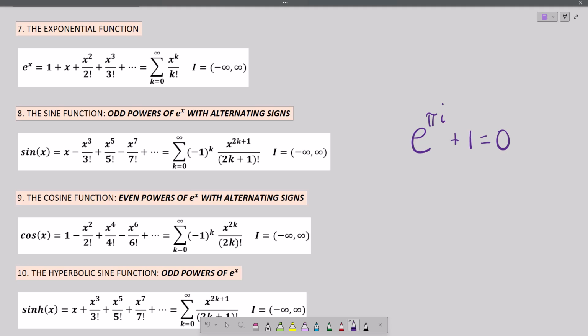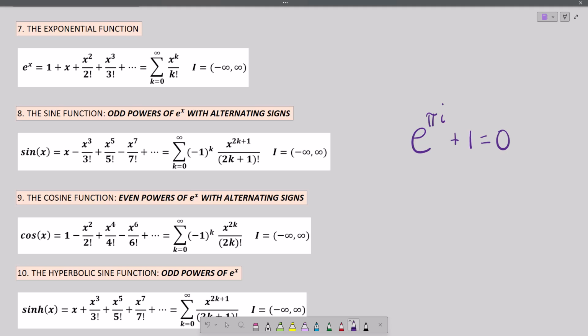Here's how. When you look at the power series for e to the x, if you didn't know it, you know how to construct it now. We did that last week. Take a bunch of derivatives, build the coefficients. You also know how to build the power series for these two. Same thing: take 5 derivatives, look at the pattern, build the coefficients, and you'll get the power series.